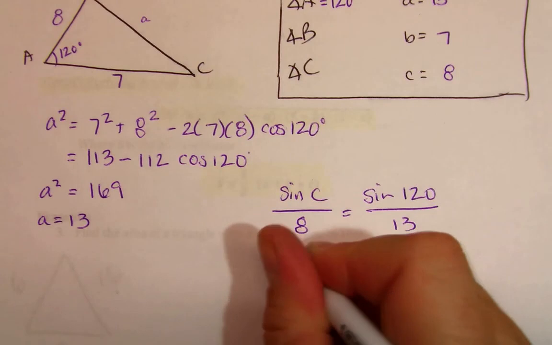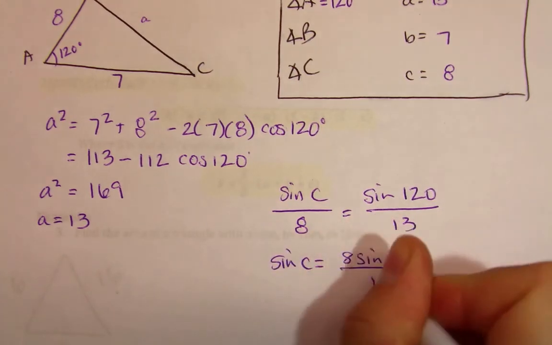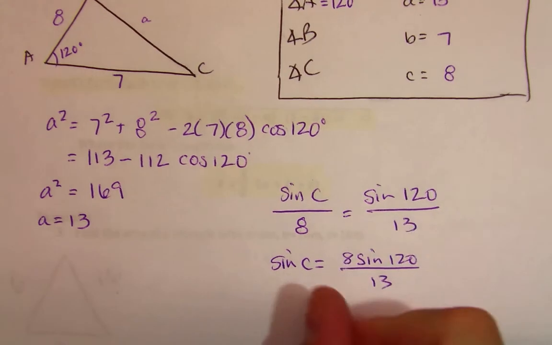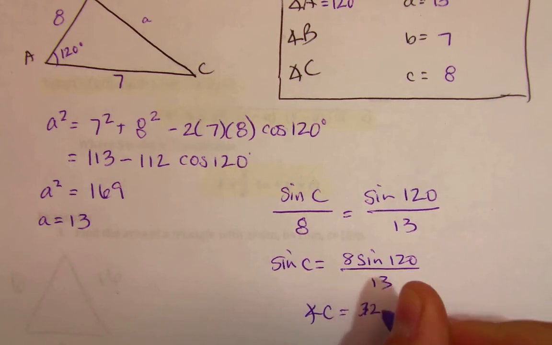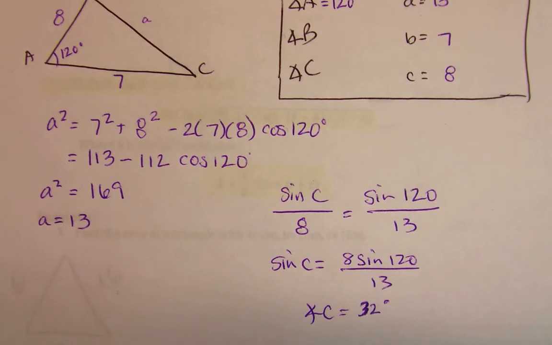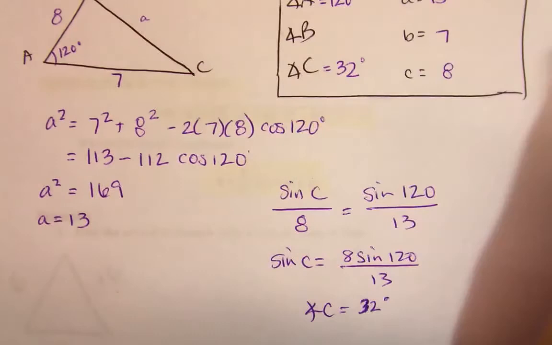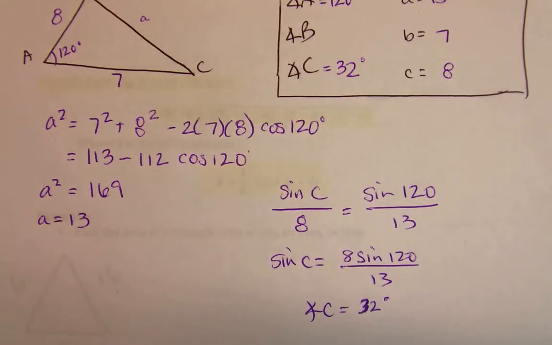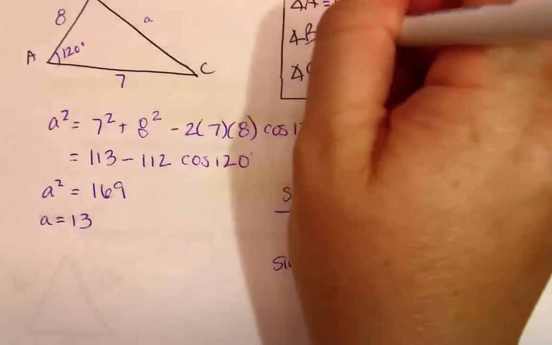So sine of C is equal to 8 sine 120 over 13. Angle C, when I do inverse sine of all of this, is going to give me 32 degrees. So this is 32. And it makes sense.